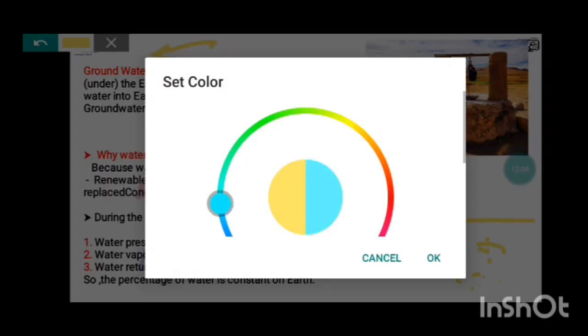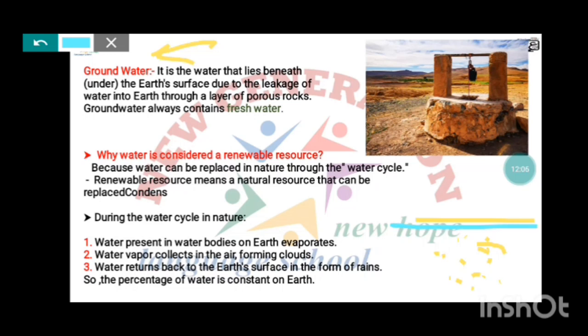Okay, give me a minute. Look, this is porous rock. Porous rock has pores. So when it's rainy, or when clouds rain, water moves down through the pores that lie in the porous rock, forming what?